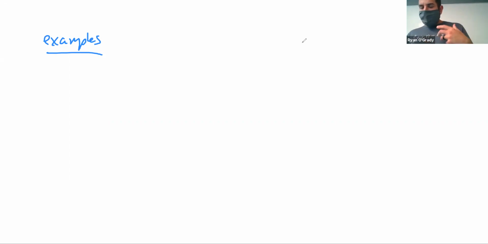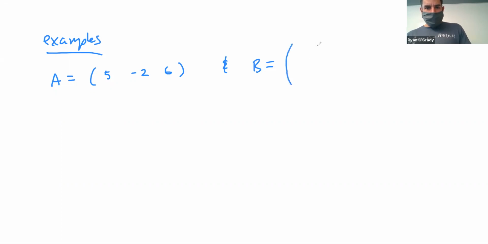So let's start. I need the number of columns of A. So let A be 5, -2, 6. And let B be equal to 4, 10, and 20. So I have two matrices. 3 columns, 3 rows.